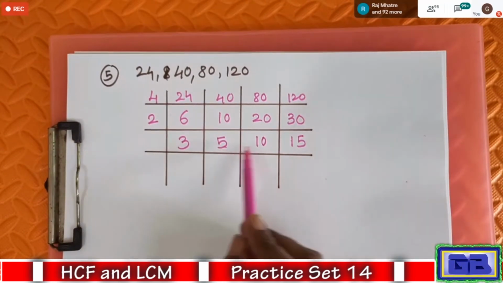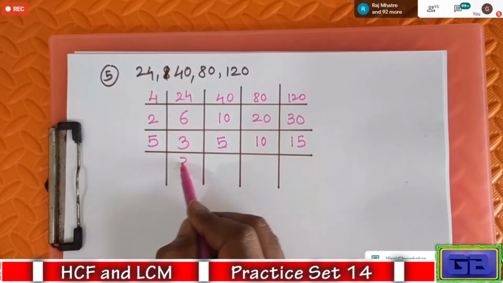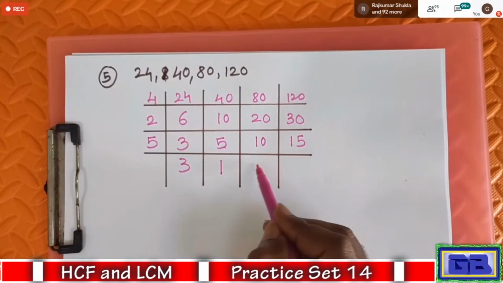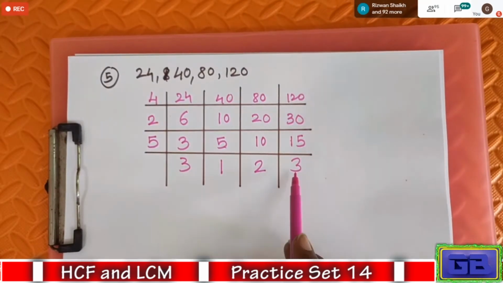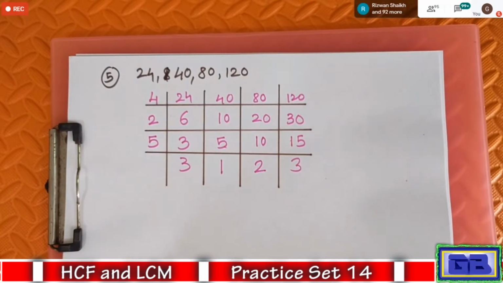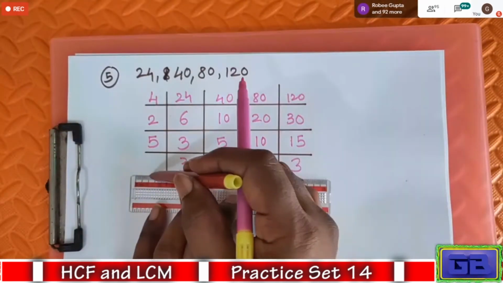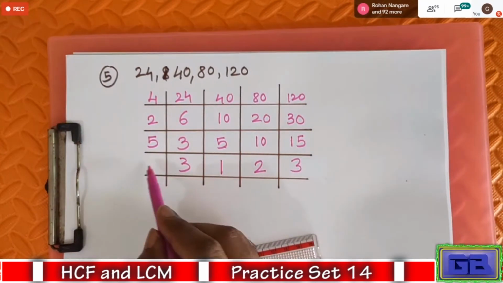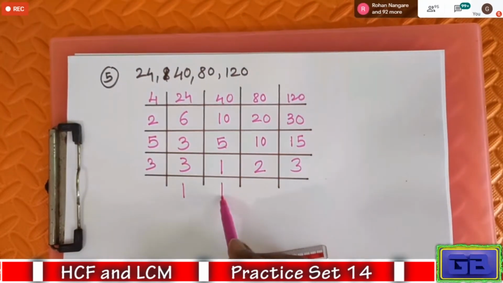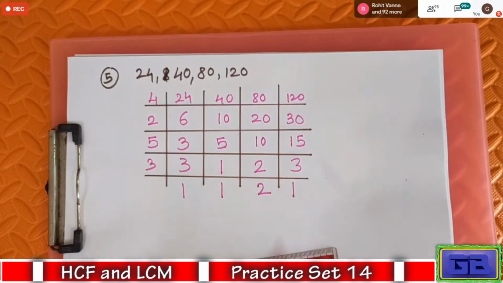Here 5 is there, 10 is there, 15 is there. We'll take 5 as a common, 3 as it is down, 5 ones are 5, 5 twos are 10, 5 threes are 15. Now here 3 is there, here also 3 is there. We'll take 3 common outside. 3 ones are 3, 1 as it is, 2 as it is, and again 3 ones are 3.